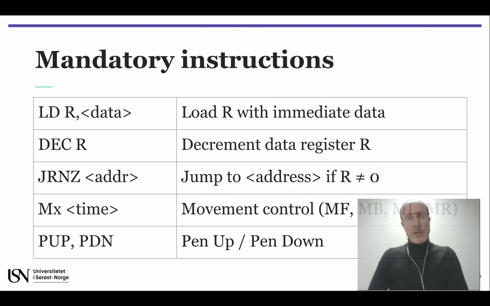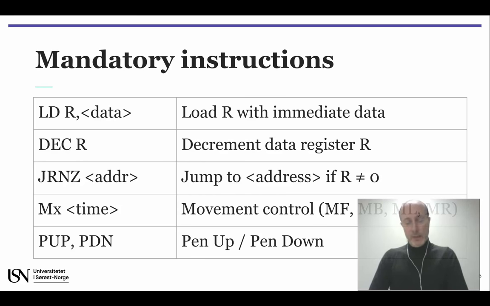As you see in this slide, you are asked to implement a small number of mandatory instructions. The instructions in the first 3 lines of this table enable you to create loops. The next line specifies the 4 movement control instructions, and the last line enables you to lift up or down the pen.